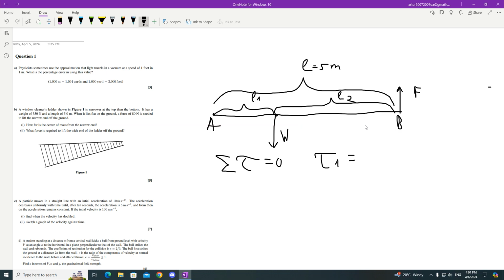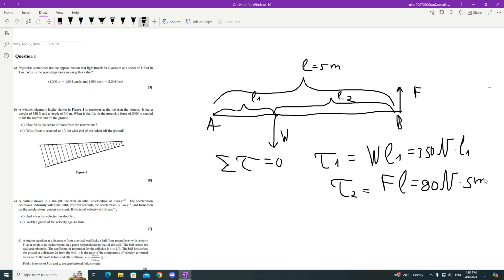So torque 1 is weight times L1, equal to 350 newtons times L1. Torque 2 is F times L, because the axis of rotation is A. FL is equal to 80 newtons times 5 meters, which is 400 newton meters.